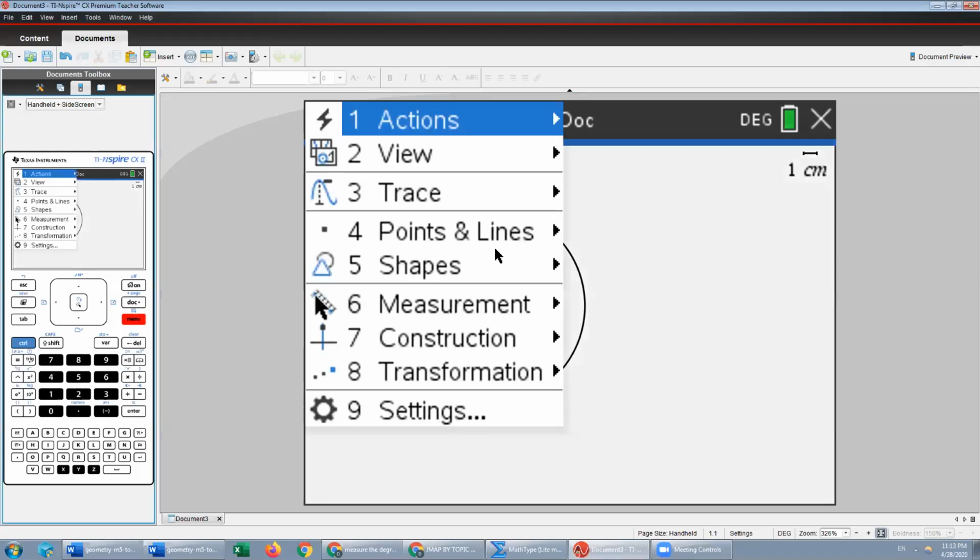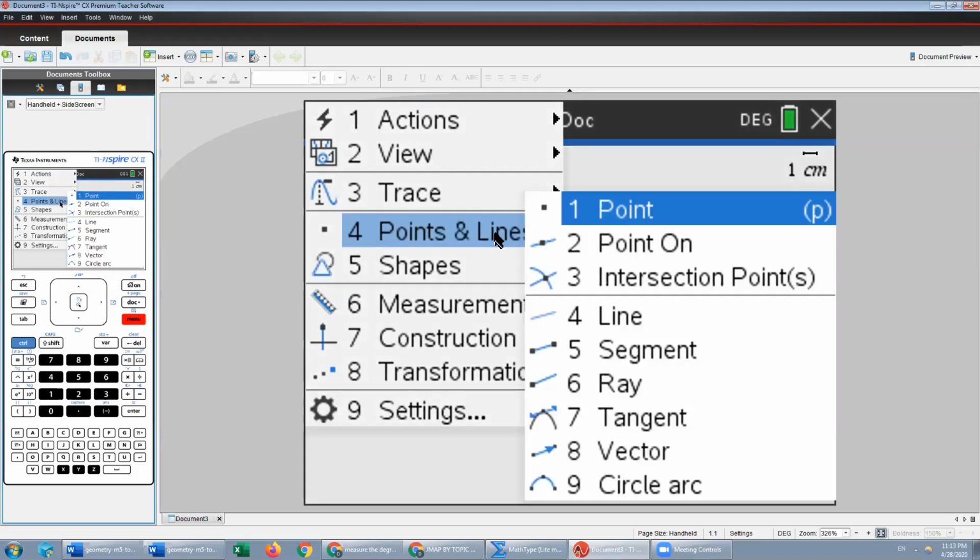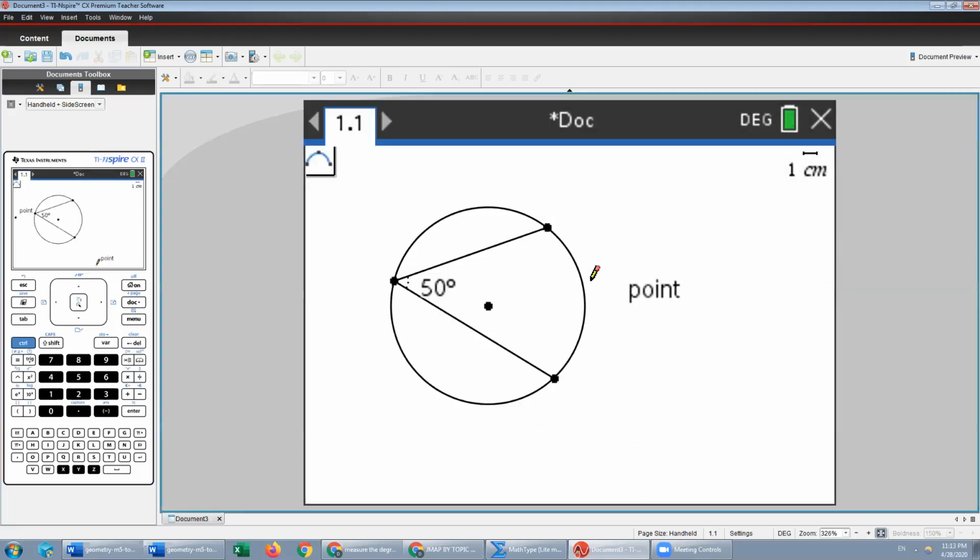So first go to Menu, Points and Lines, and go to Circle Arc. We need three points to define an arc on your calculator. We click at this endpoint first, then on the interior of the angle on the circle, any point in between, and then the other endpoint, and there we go. We drew the arc from there to there.